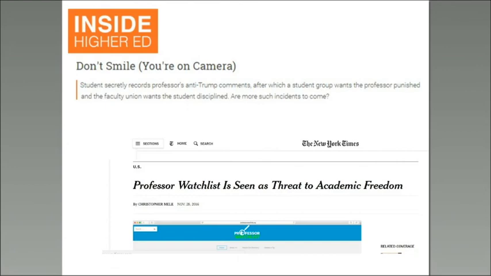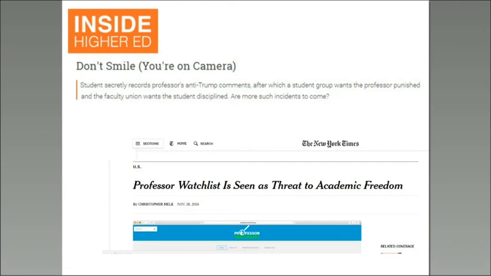And just as with some of these reports that the professor watch list uses, these reports themselves have frequently led to those individual faculty members being harassed with hundreds of emails threatening physical harm to them, threatening sexual assault, especially to female faculty members. And so we certainly view them as a significant threat to academic freedom.